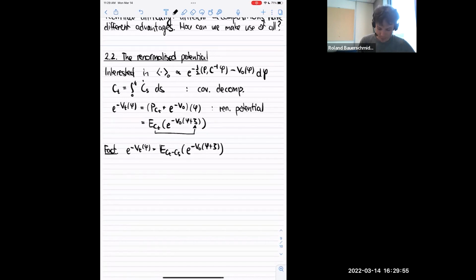Or continuously, e to the minus Vt satisfies this heat equation.